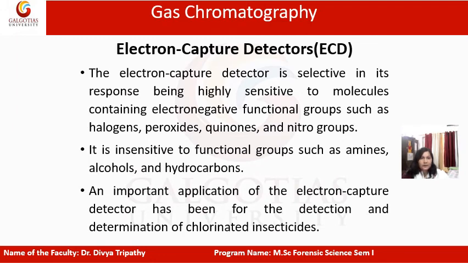The electron capture detector is selective in its response, being highly sensitive to molecules containing electronegative functional groups such as halogens, peroxides, quinones, and nitro groups. It is insensitive to functional groups such as amines, alcohols, and hydrocarbons. An important application of the electron capture detector has been for the detection and determination of the chlorinated insecticides.